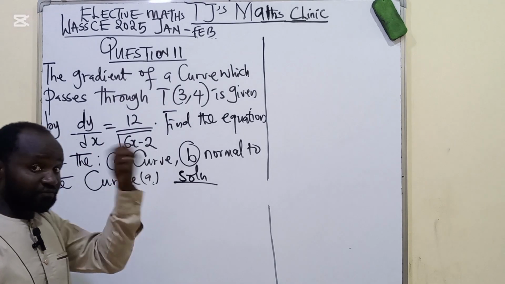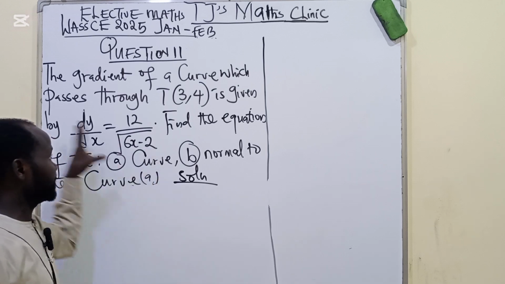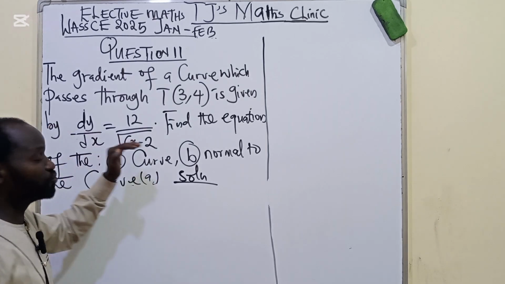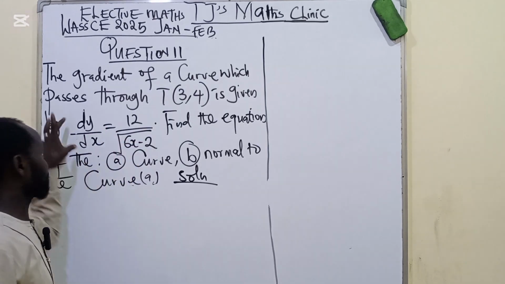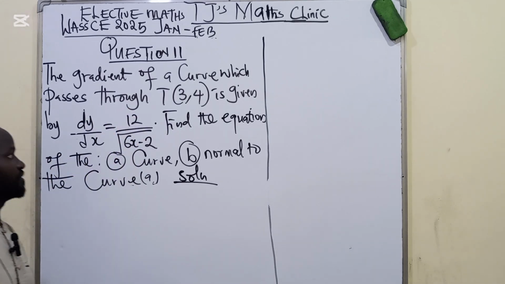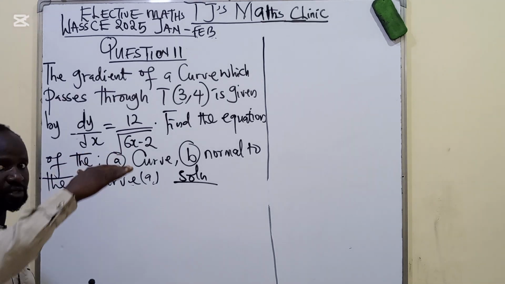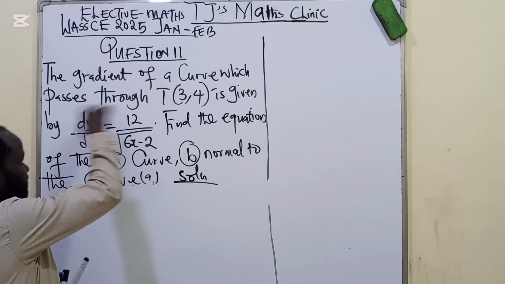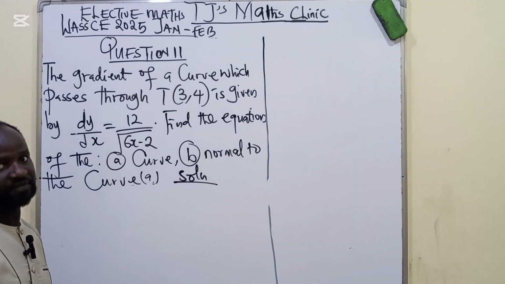And when the derivative of a function is given, to find that function, we have to integrate. So we have to integrate this gradient to get the original function. Very important.